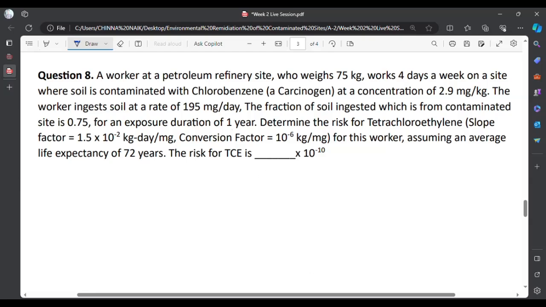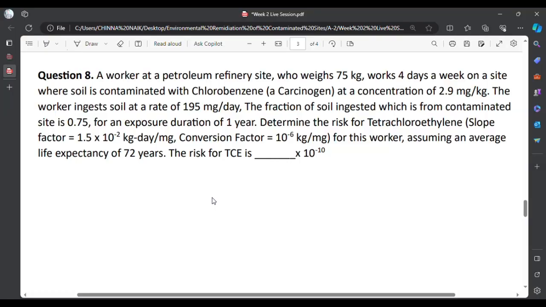Okay, so calculate the soil ingestion intake and let me know the answer. First calculate the soil ingestion intake, everyone. Do you guys have the formula for soil ingestion?